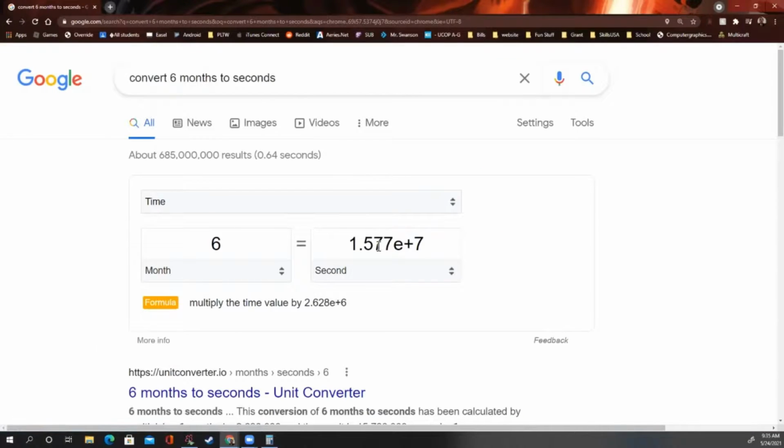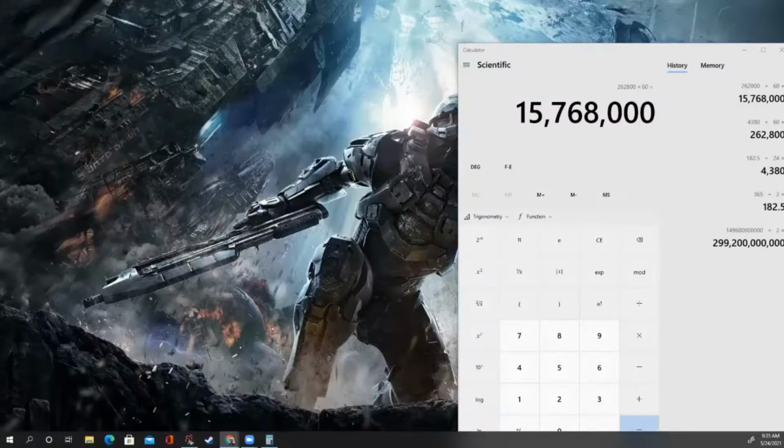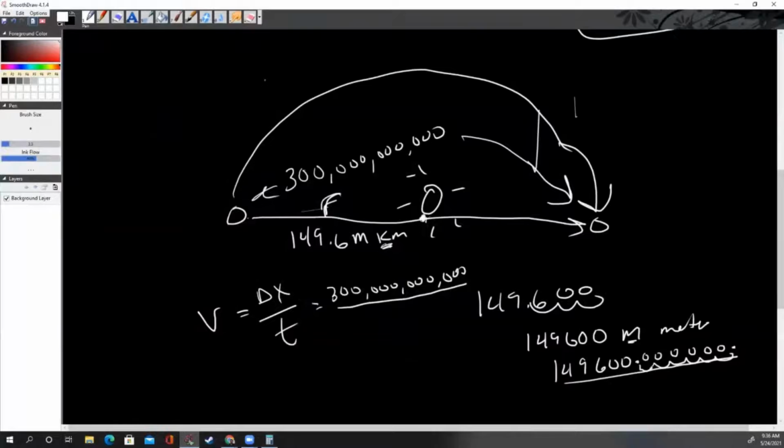And we get 1.577 to the 7th power. Yeah, and that's what I got too. Rounding this to 7 would be 5.77. So that's right. So let's type that in, 15,768,000 seconds. Okay, so there we go.